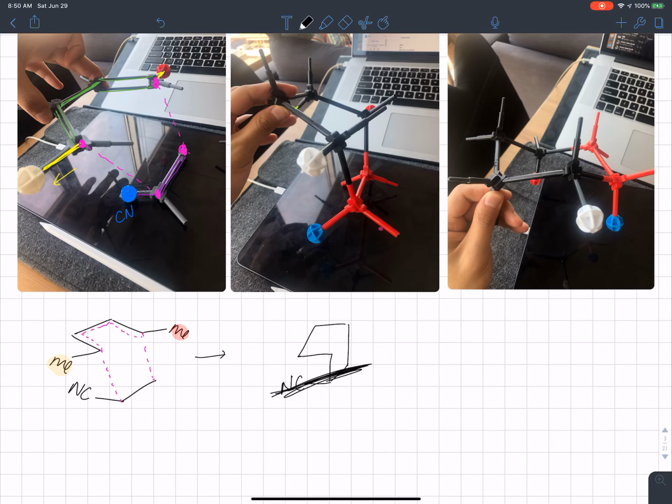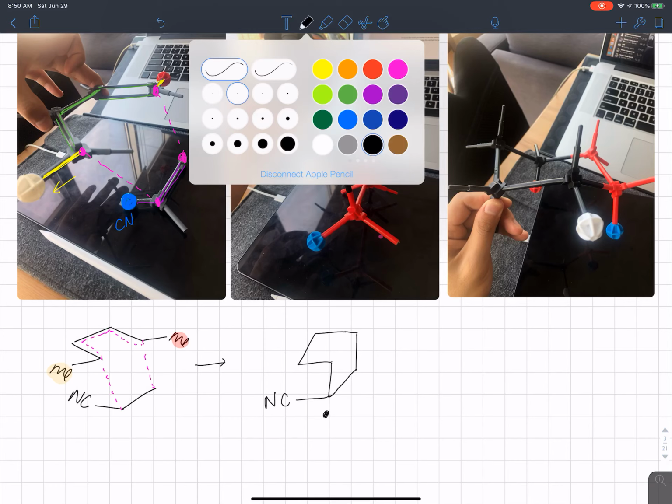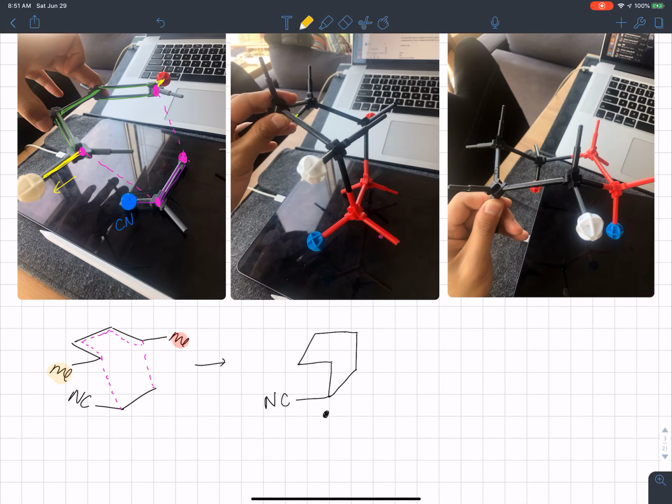Let me just redraw these bonds here, make them a little bit longer. Okay, now if you compare this drawing with the photograph, you're going to see that this and this right here correspond to these four lines, the one in yellow.